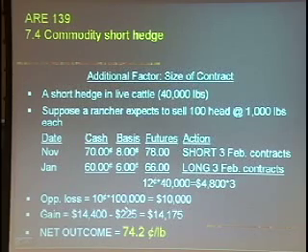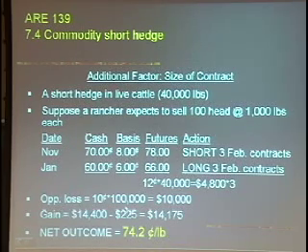Here you're selling whatever it is, so what's the final price received? Well, in this example, it's 74.2 cents a pound. That's the price you get for your cattle in January, which is better than your objective, which was 70 cents. And it's a heck of a lot better than the spot price in January, which is only 60 cents.